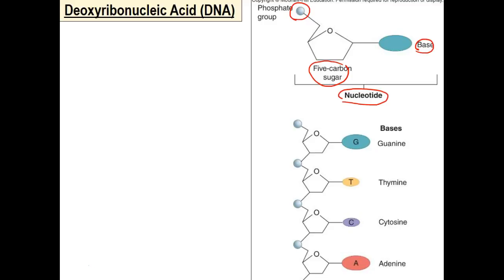Together, when the linkages between the carbon of the 5-carbon sugar and the phosphate bond together, this forms a phosphate sugar backbone that makes up the backbone of a DNA sequence.